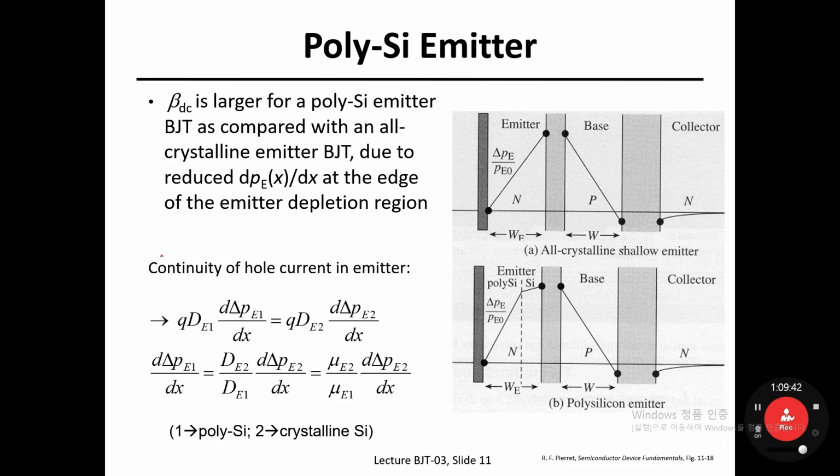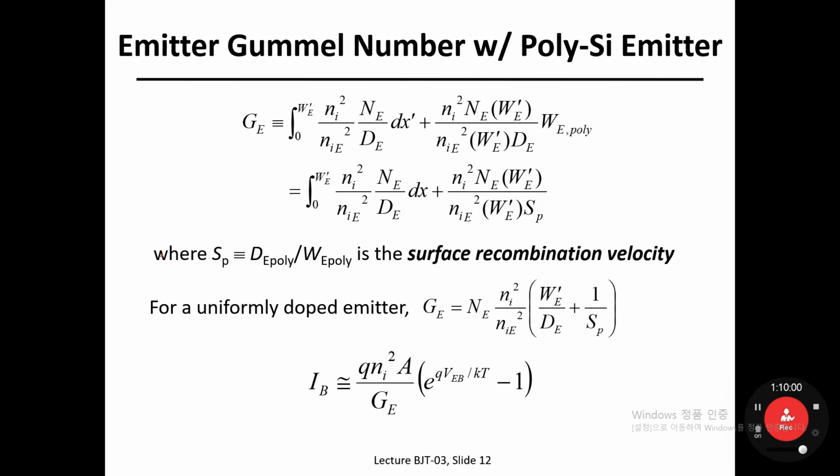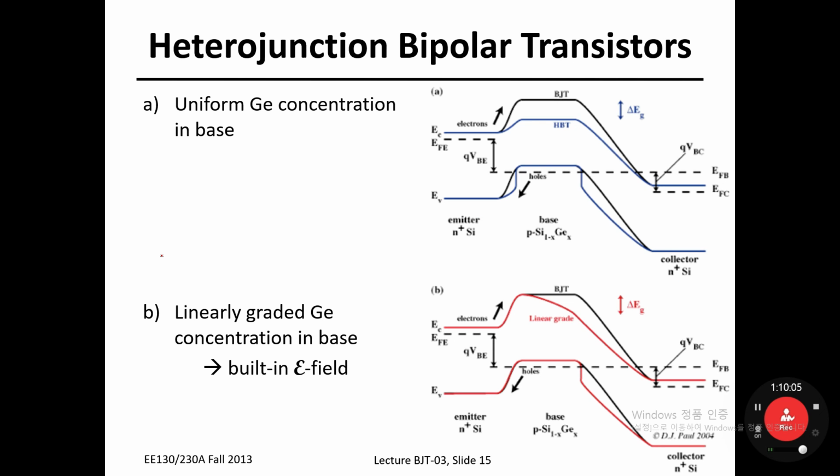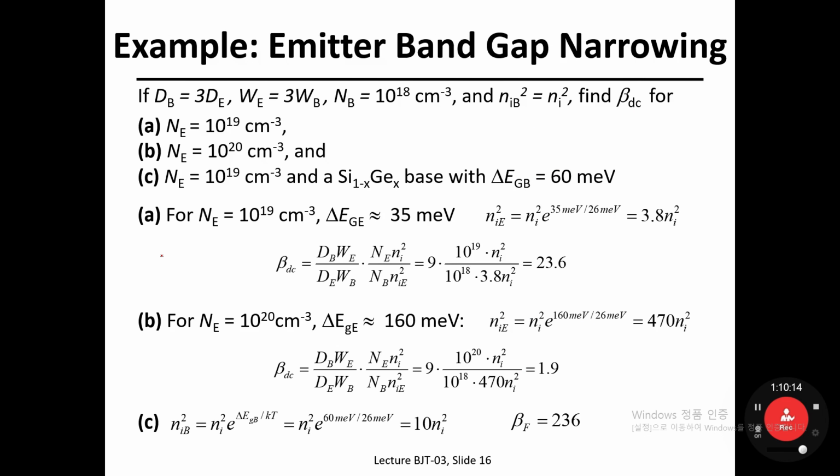Instead of silicon, what if we are using polysilicon only in the emitter region? What would happen? Maybe diffusivity and diffusion length would be affected because this is polysilicon, not crystal silicon. Okay, and the heterojunction bipolar transistor, or HBT, would be explained at the very last moment of the upcoming lecture.